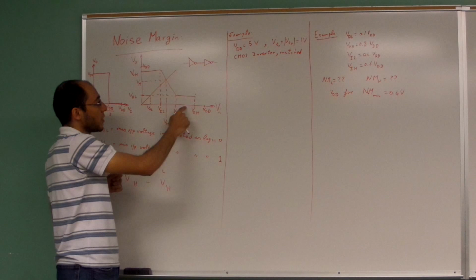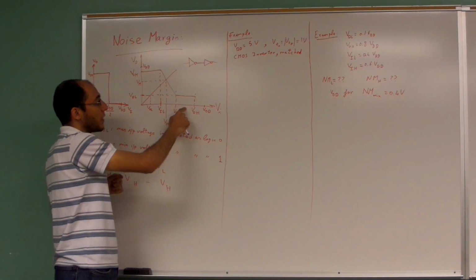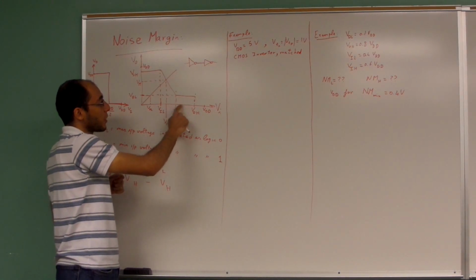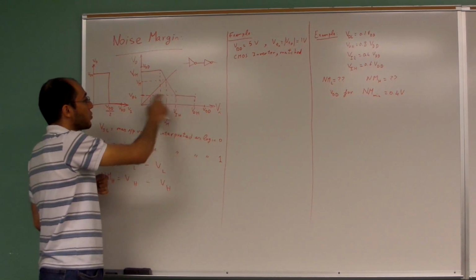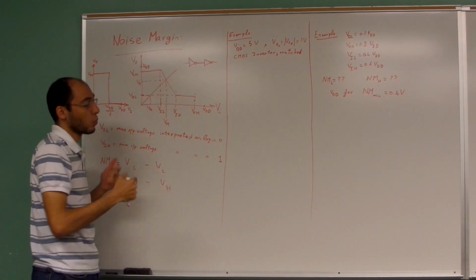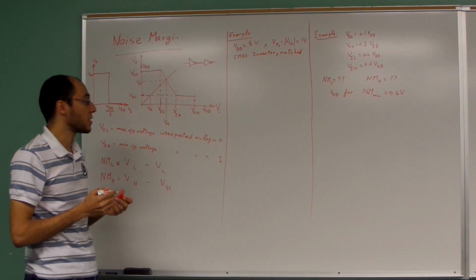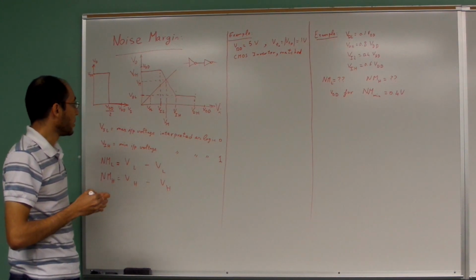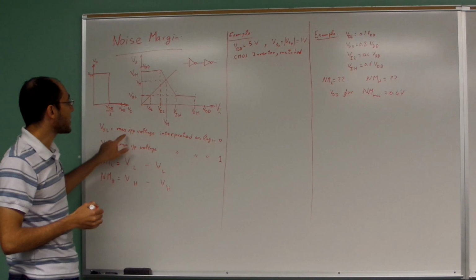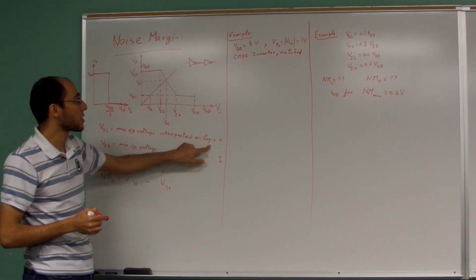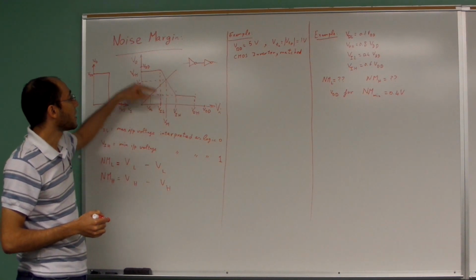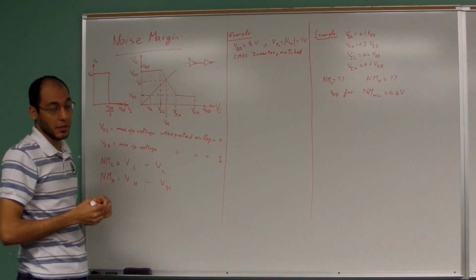When you input a value that is very high, between V input high and VDD, you expect to see an output voltage corresponding to V output low, which is interpreted as logic 0 at the output. So V input low is defined as the maximum input voltage that is interpreted as a logic 0 at the input, and thus gives a logic 1 at the output.